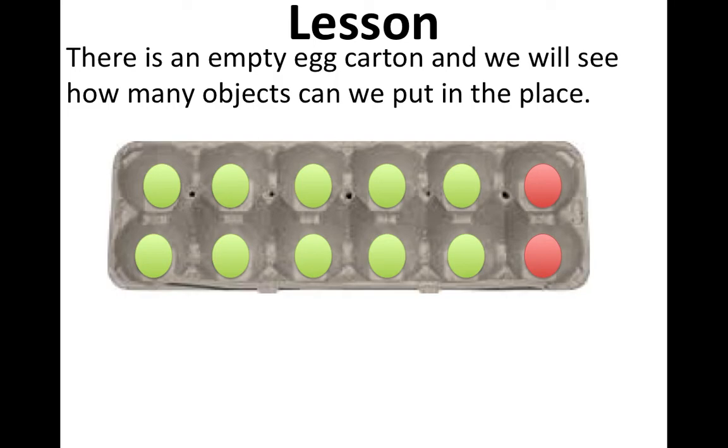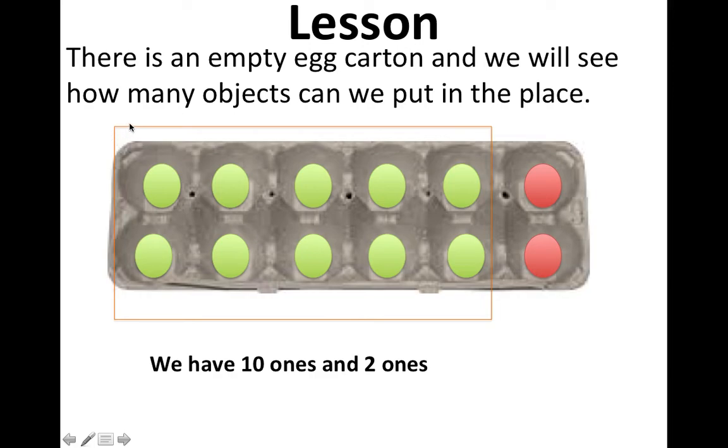Right? I can put 12 objects. So if I wanted to count it the 10 way, we have 10 ones and 2 ones, which means I decided to put a box around the 10 objects to show that these are a pile of 10 or a group of 10.